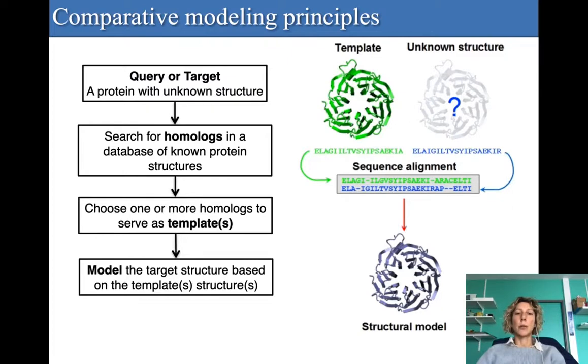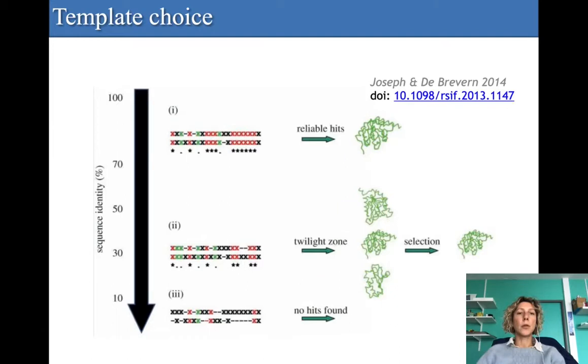Okay, so that's just the pipeline, what I just said before. So here you can see that the choice of the template has, of course, some impact on the results. This is typically a representation of sequence identity between the template and the query, right? And you have schematic depictions of pairwise sequence alignments. So in the first case, you have reliable hits, you can predict well.